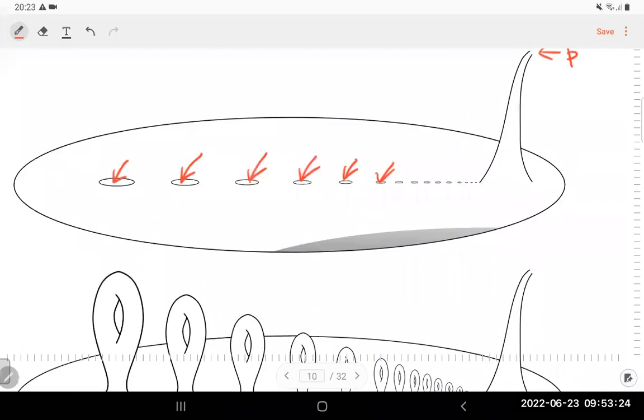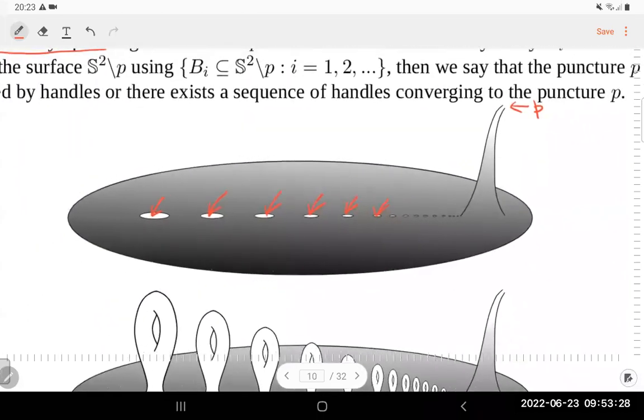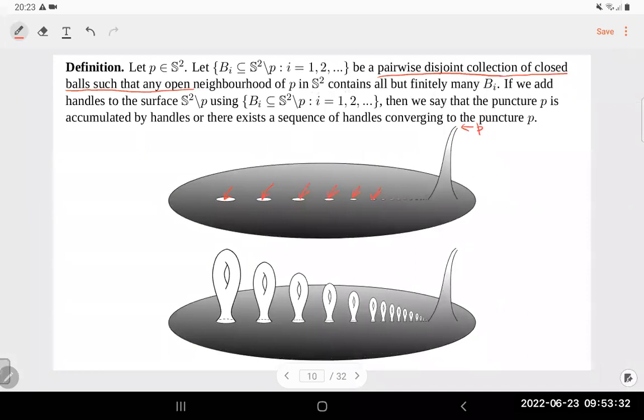So you just need to ensure that every neighborhood of P, every neighborhood of this puncture, contains all but finitely many of these balls. So this is a neighborhood U of P, and this neighborhood contains all but finitely many of these balls.